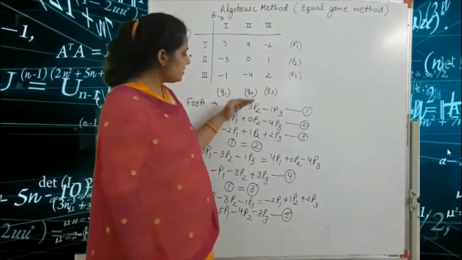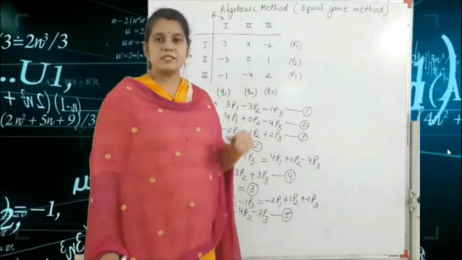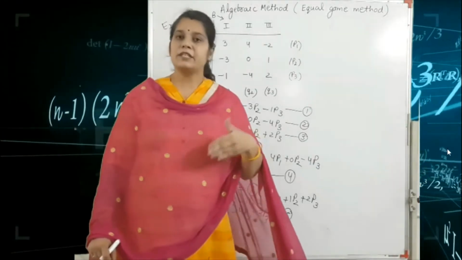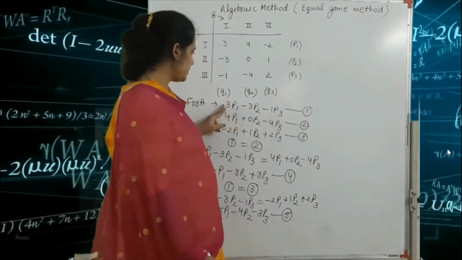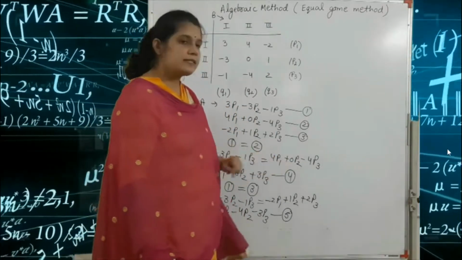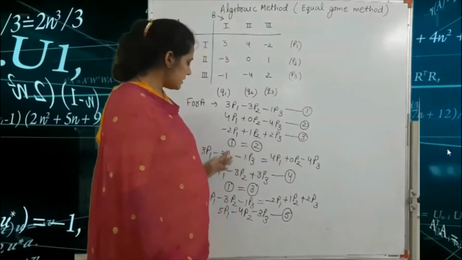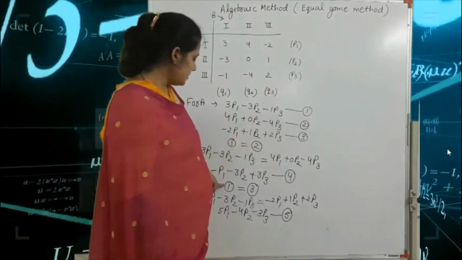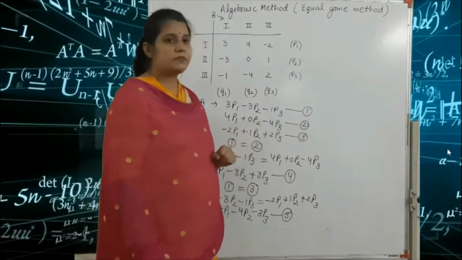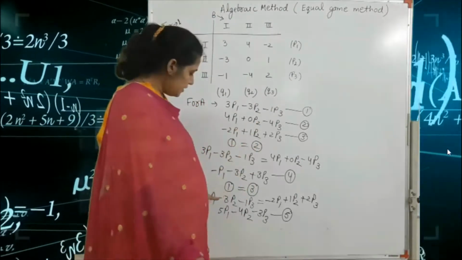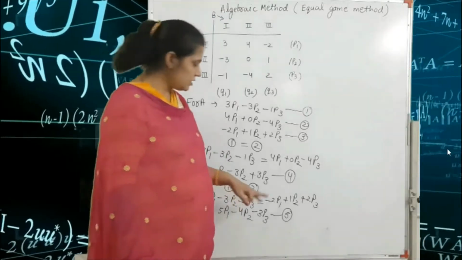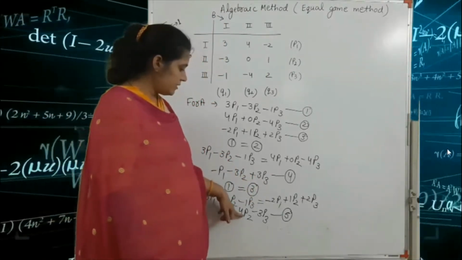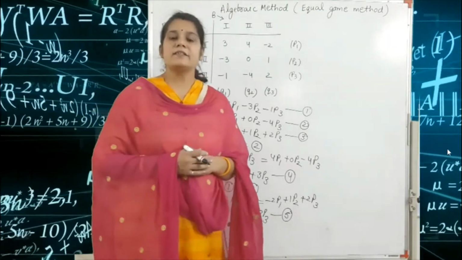After that, we write equation 1 equal to equation 2, arrange it, and we get equation 4. Next, we write equation 1 equal to equation 3 and get 5P1 minus 4P2 minus 3P3.